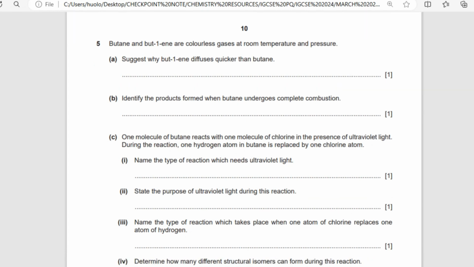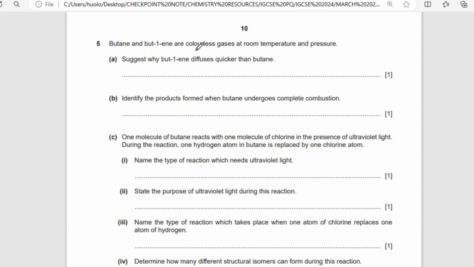Question 5 reads, butane and butanone are colorless gases at room temperature and pressure. Suggest why butanone diffuses quicker than butane. Okay, so you know from your elementary science, factors affecting diffusion.